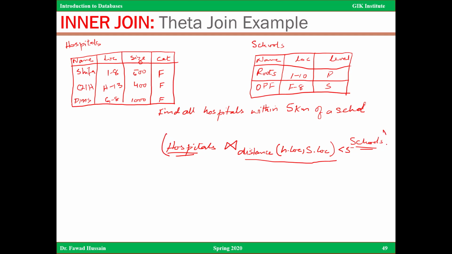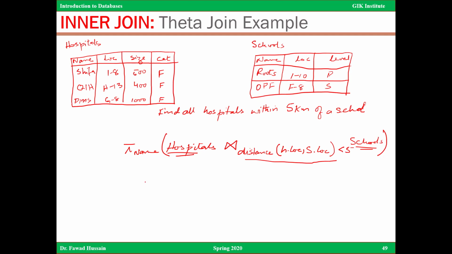So I'm just going to write this and project the name. So this is going to give me the name of all hospitals whose distance is less than 5. So I'm making a join between these two tables based on location, and since there is no direct match, I am using the distance function such that the distance between these two is less than 5 kilometers.